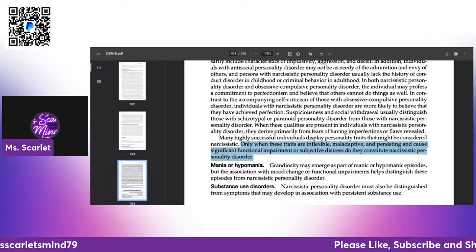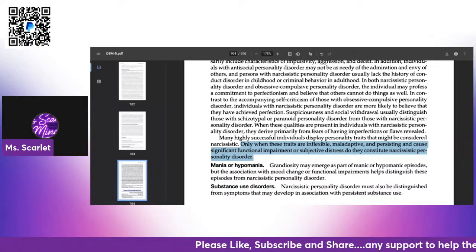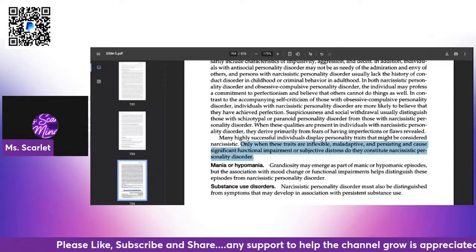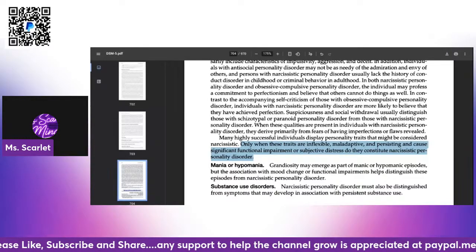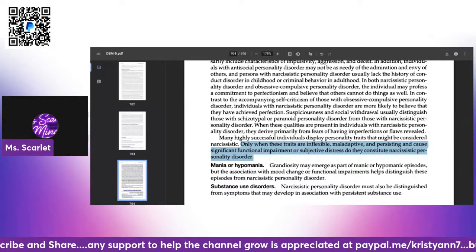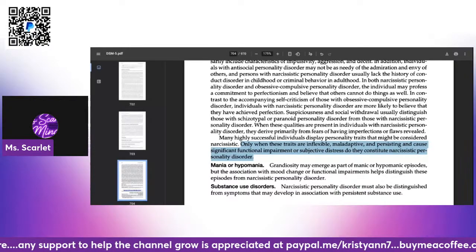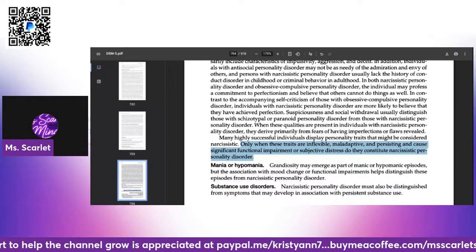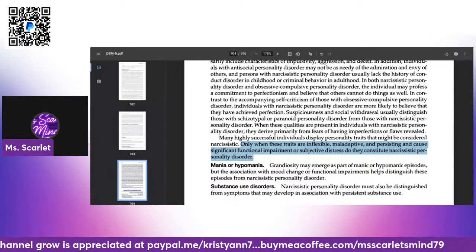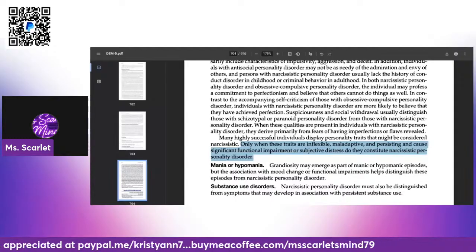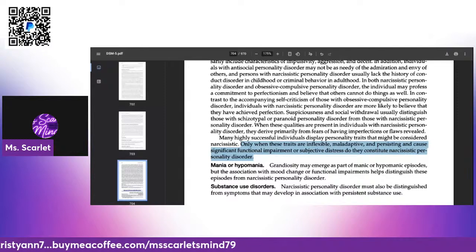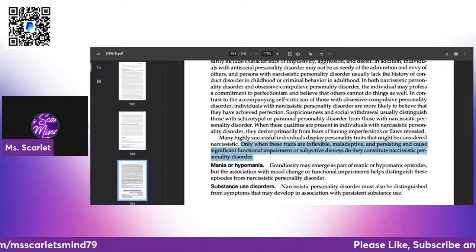So reading all of these possible symptoms or characteristics, they can fit many, many people. So saying someone is acting narcissistic or has narcissistic tendencies is more appropriate for most of the people that are called narcissist, or are told by random people that they have a narcissistic personality disorder.